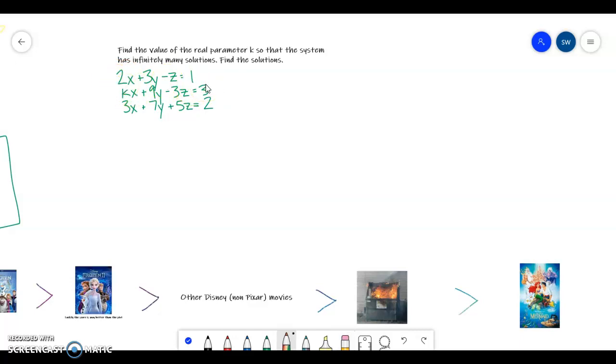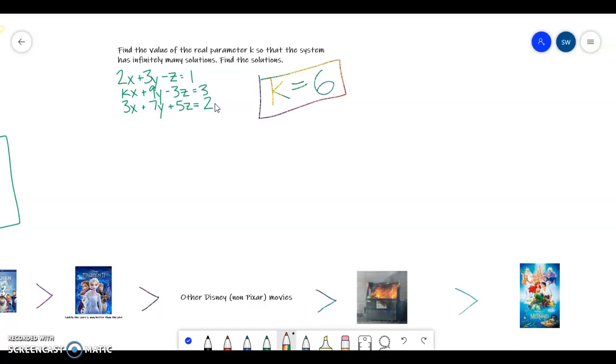So it's not super helpful and makes it impossible to narrow it down to just one unique solution. So k equals 6 creates an equation that is a multiple of the top one, preventing us from having a unique solution. Because really, at that point, we really only have 2 equations and 3 variables. So it's impossible for us to solve for a unique solution.